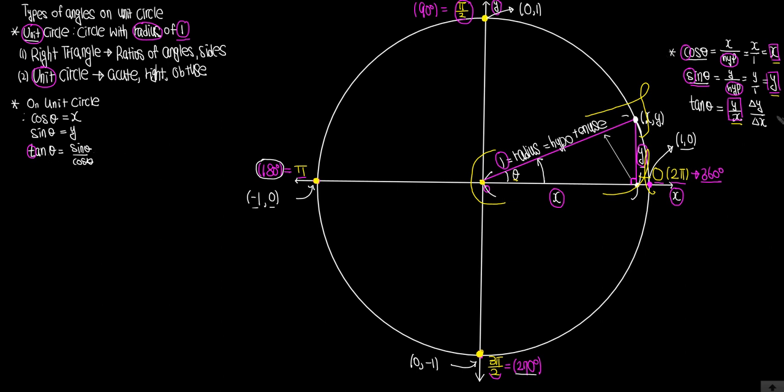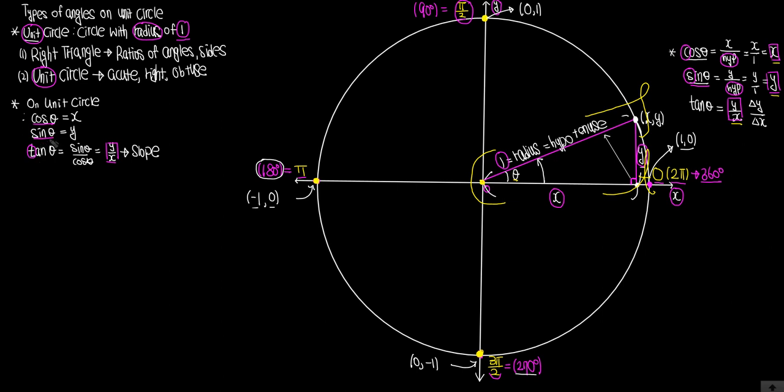So tangent theta can be simplified as y over x, and we need to remember that the y over x stands for the slope of our unit circle and the coordinate, in terms of sine as well as cosine values.